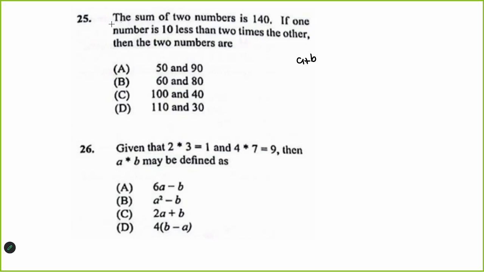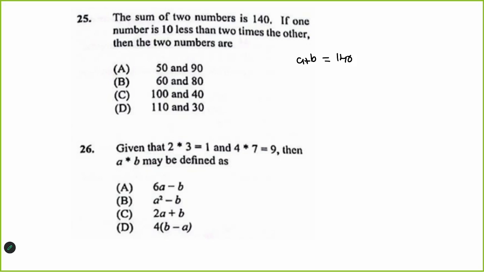Question 25: the sum of two numbers is 140. So let me just put the two numbers as A plus B is 140. Let me read that back. The sum of two numbers is 140.